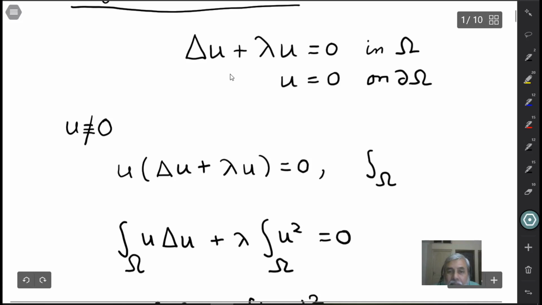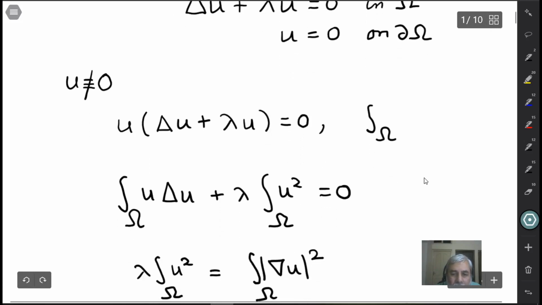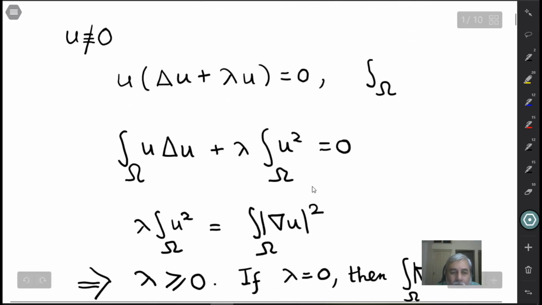So you multiply the given equation by u. Okay, that's u Laplacian u plus lambda u squared equal to 0, and you integrate both sides over the domain omega. So then we get integral over omega u Laplacian u plus lambda integral of u squared, where lambda is just a real number.